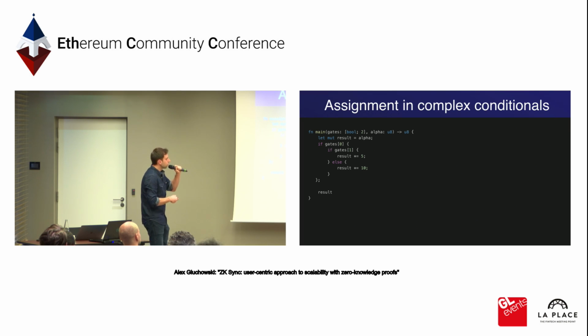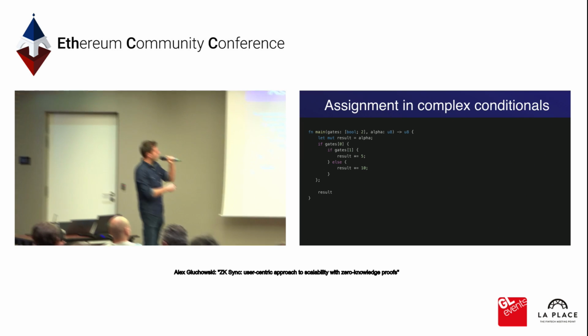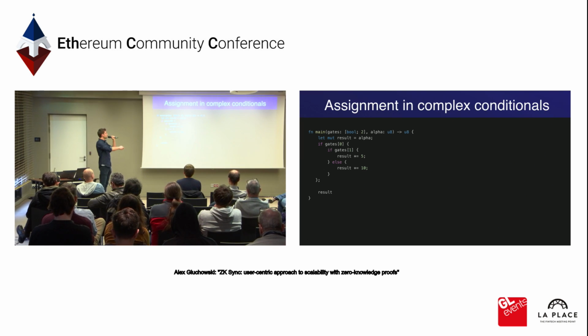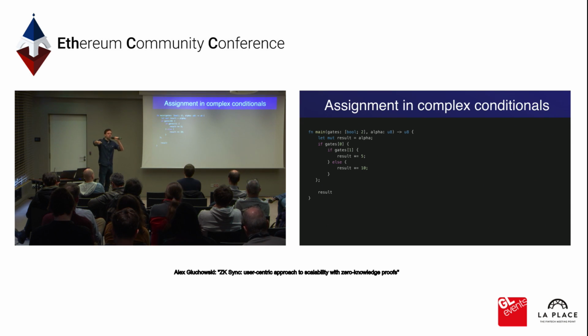It's really difficult to make conditionals in zero-knowledge proofs, because to implement this in any other framework, every time you modify this mutable variable inside a conditional, you will have to make a complex statement which has a select, which includes the previous value of this variable, and the combination of all the conditionals for the case where we are now.